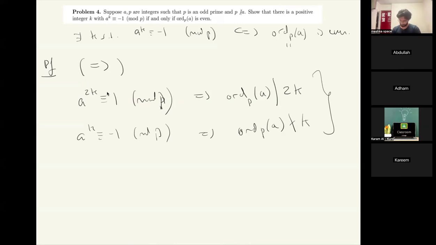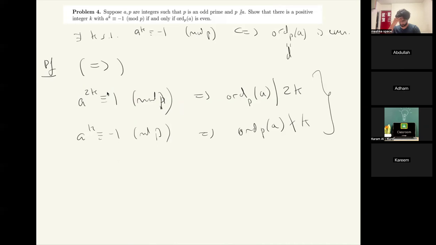Let's call this number d. So we have d divides 2k and d does not divide k. It should be clear, but why does it show d is even?